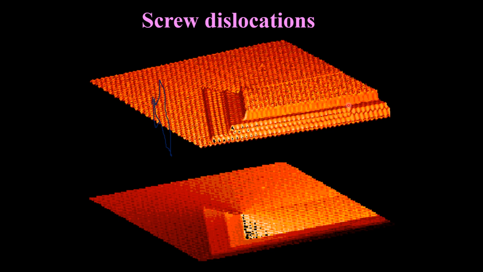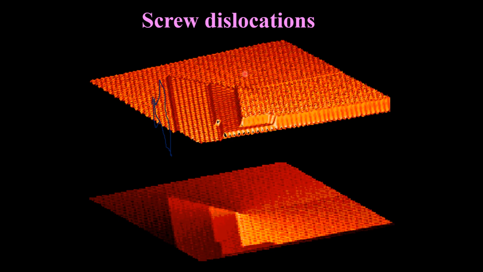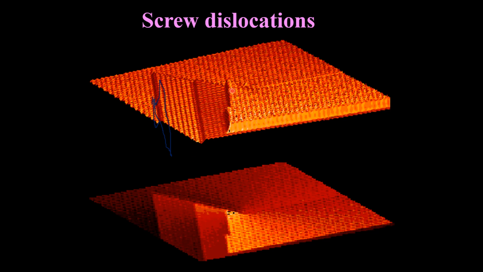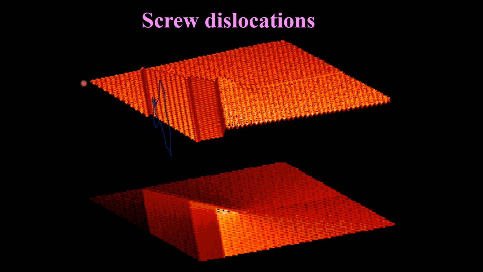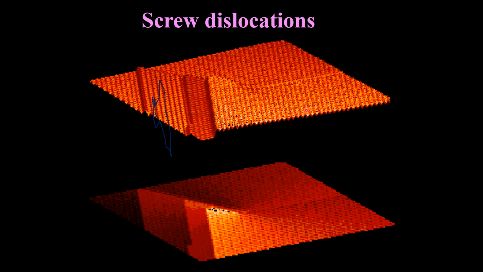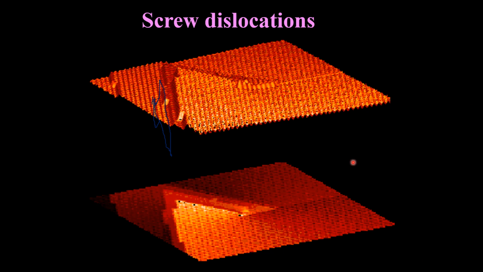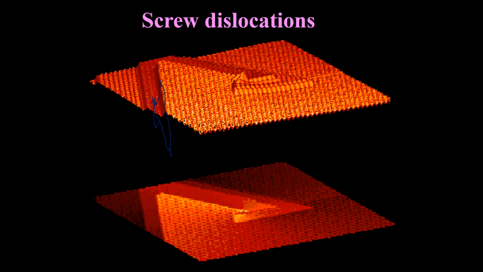When it moves from here to here, it again makes the bond and breaks the bond, moving forward to the other boundaries. So this is the movement of the screw dislocation which can be observed in the case of crystals.